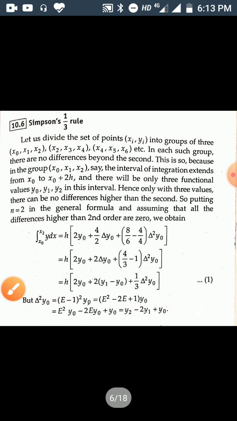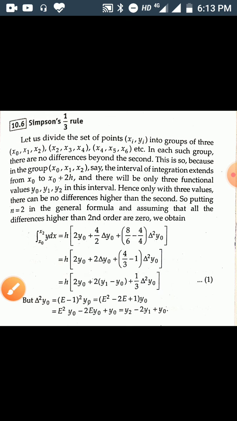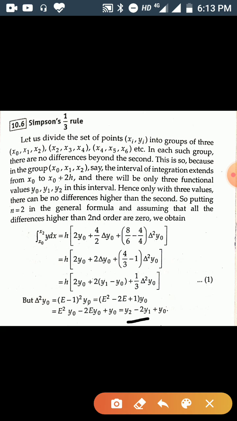So we will get h times 2y0 plus 2 delta y0 plus (4 by 3 minus 1) delta square y0. Here delta y0 is y1 minus y0, and we will substitute the value of delta square y0 further. So delta square y0 is (E minus 1) whole square y0, which can be written as (E square minus 2E plus 1) y0, and after simplifying we will get y2 minus 2y1 plus y0.